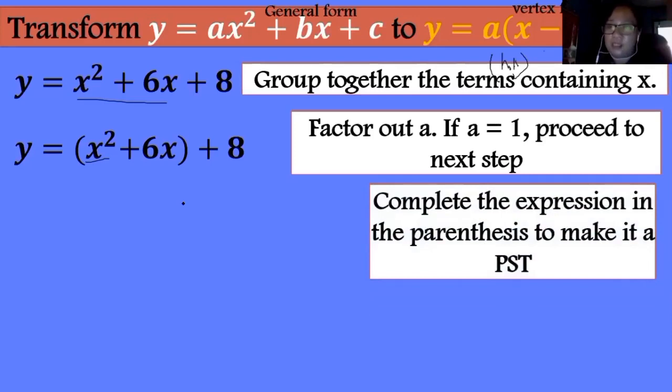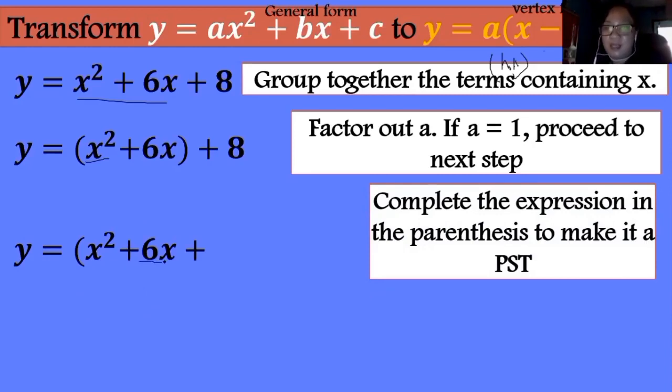And then next, complete the expression in the parentheses to make it a perfect square trinomial. So with that, let's copy x squared plus 6x. How can we change x squared plus 6x to a perfect square trinomial?